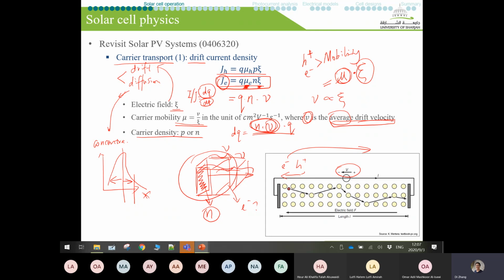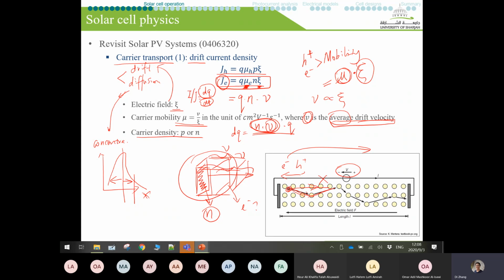But in a real material, the movement of electrons or holes under an electric field is not going to be in a straight line. A straight-line path typically is not possible, because the electron has to navigate inside the crystal lattice, and the crystal lattice is a very complex structure.